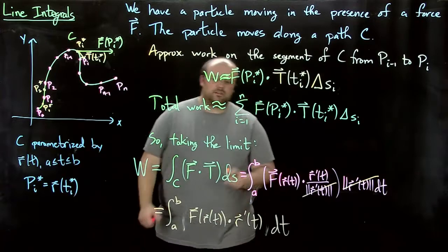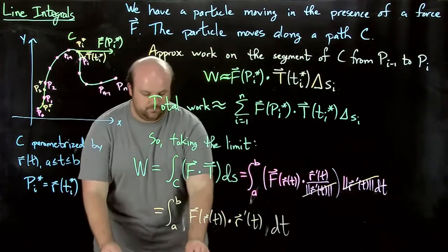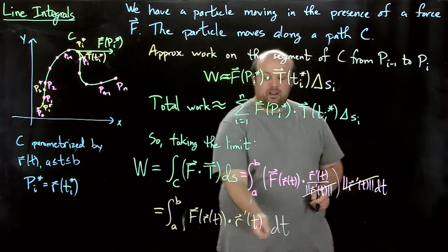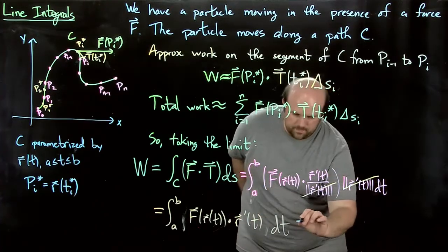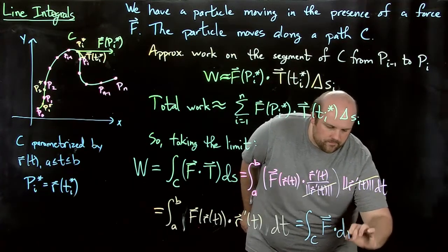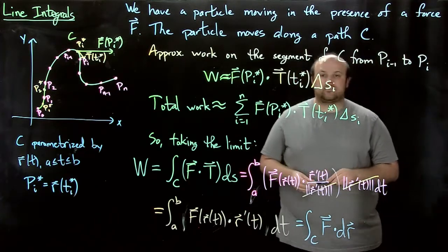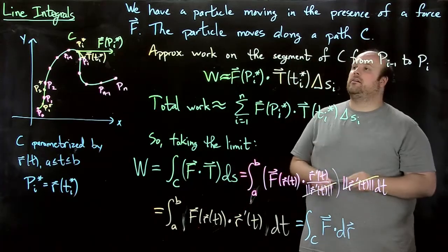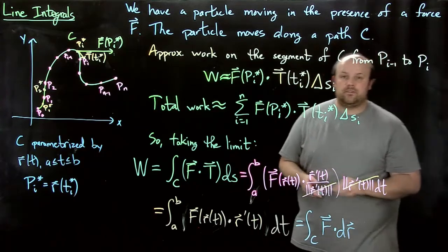Right? So what's the big deal there? Well, the big deal is this. r prime of t dt is just dr. So this vector line integral here really and truly does give the work done by this force on a particle moving along this curve.